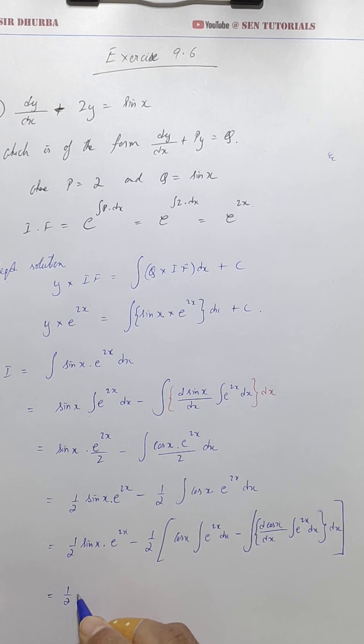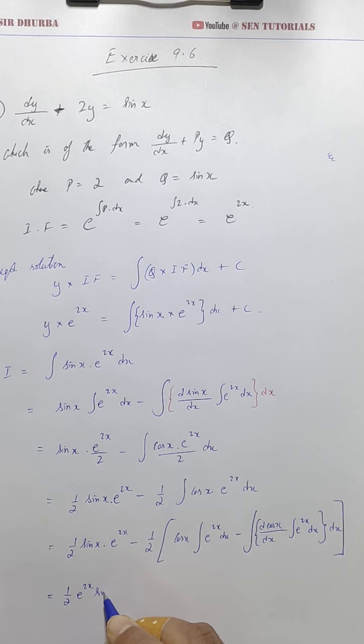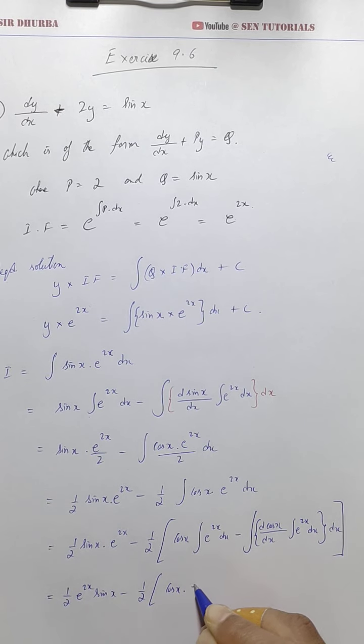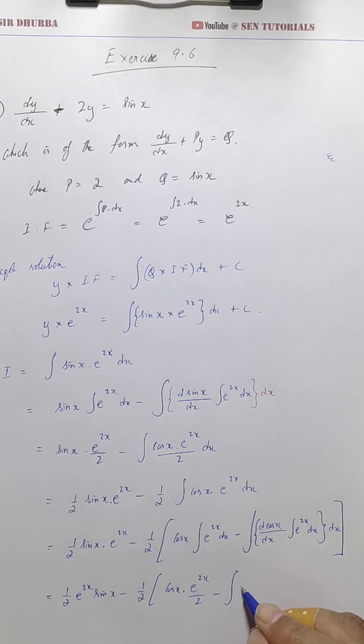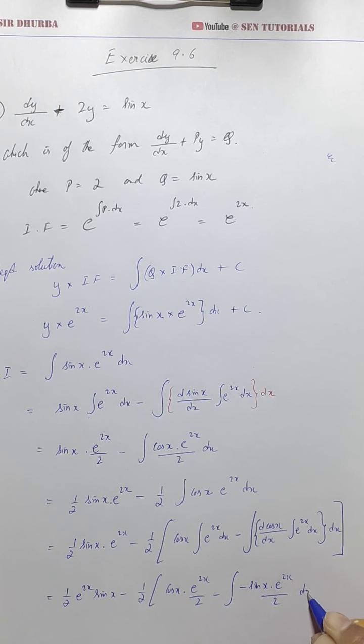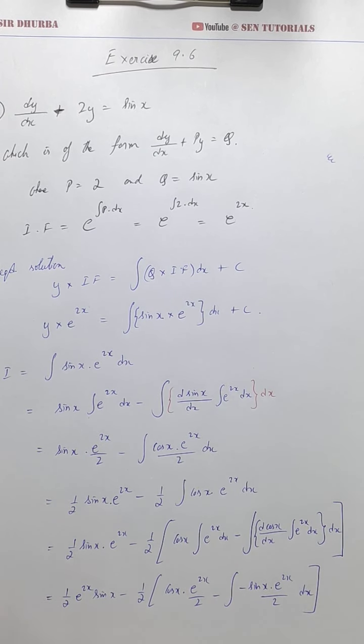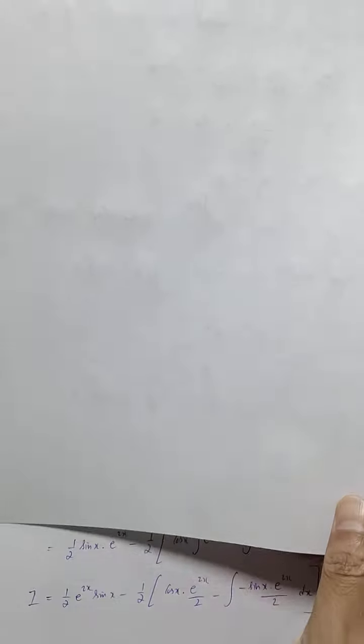So that's going to be 1/2 e to the power 2x sin x minus 1/2 of cos x e to the power 2x by 2, minus, this is minus sin x e to the power 2x by 2 with respect to x. I'll just solve here.